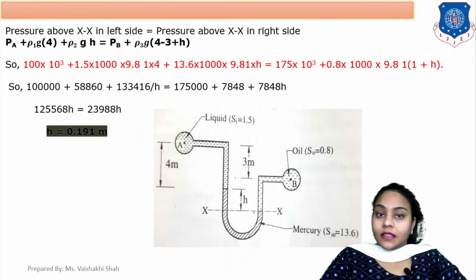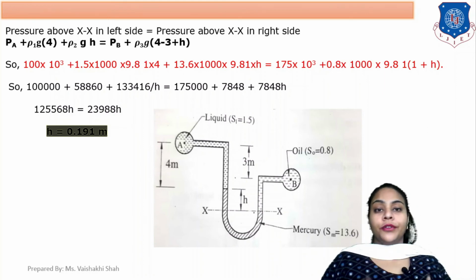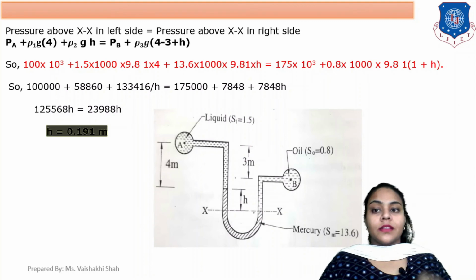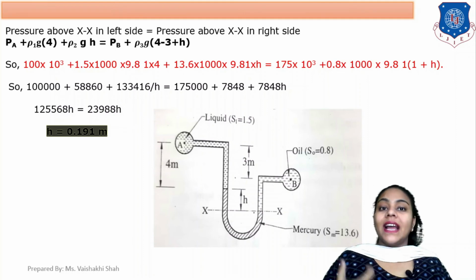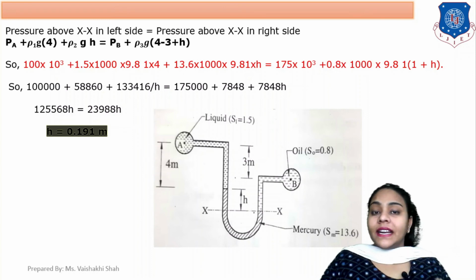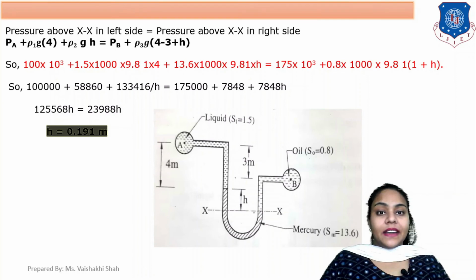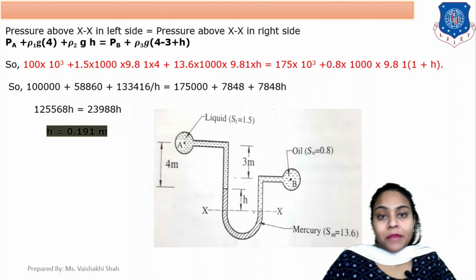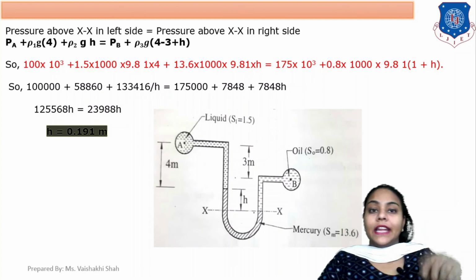Now, same pressure on left hand side equals pressure on right hand side. So pressure on left hand side: first pressure is PA plus rho 1 g H1, plus rho 2 g H, equals the pressure on right side: first is PB, second is rho 3 into g, the third liquid in pipe B. What is the height of the liquid in pipe B?